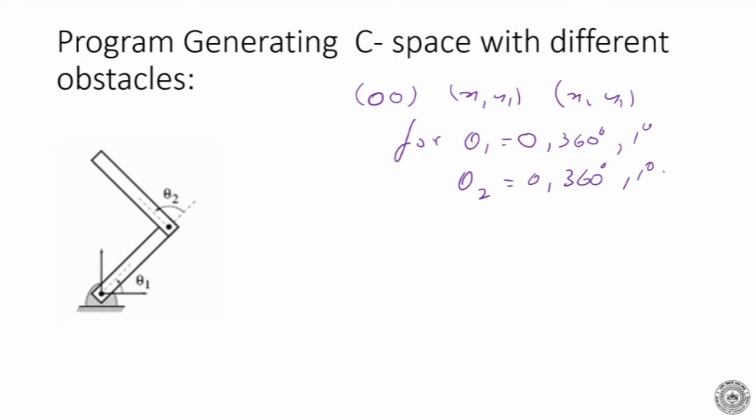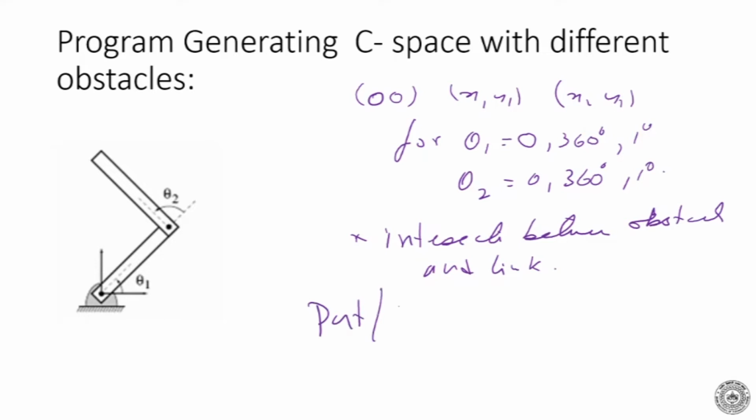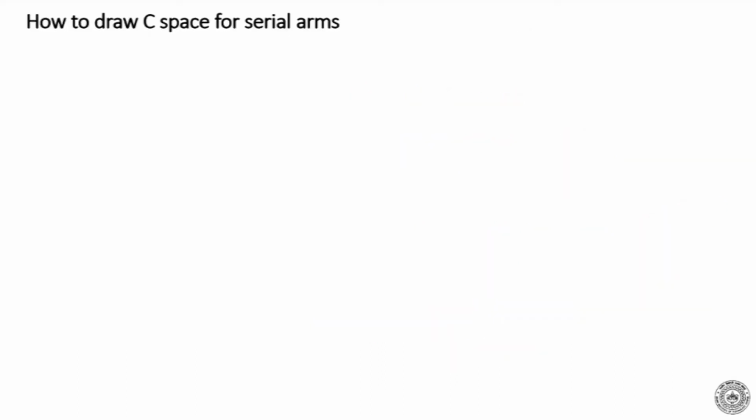And find the intersection between obstacle and link. Okay. If there is intersection, mark it using the obstacle color. Okay. So this will indicate that we are putting the obstacle color.